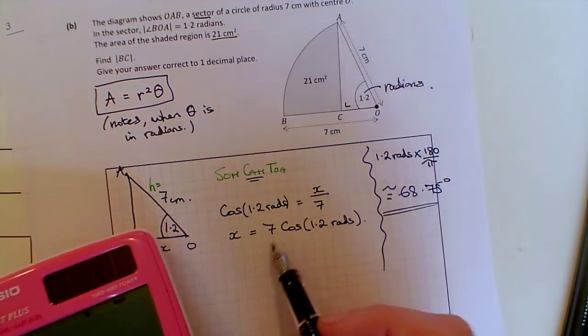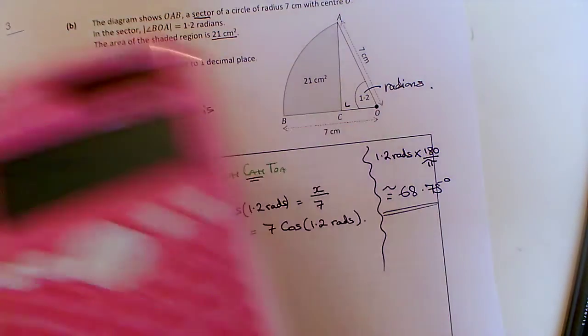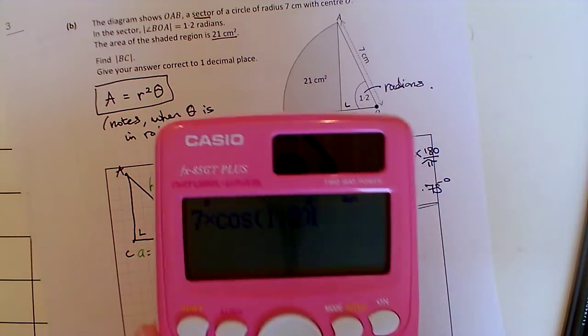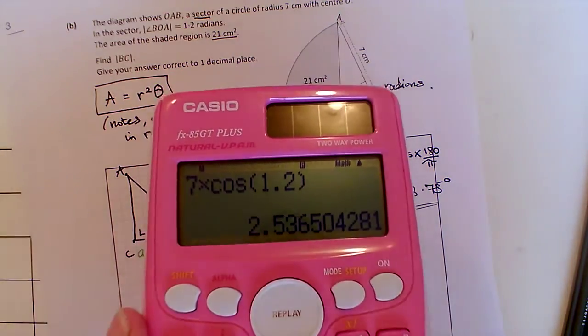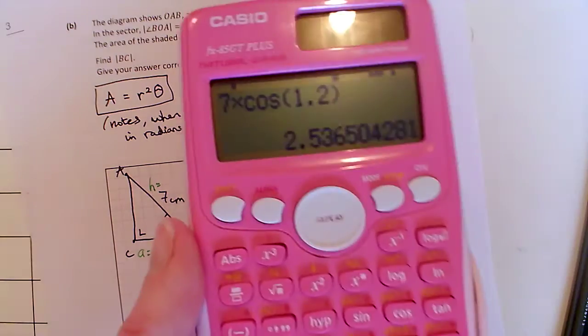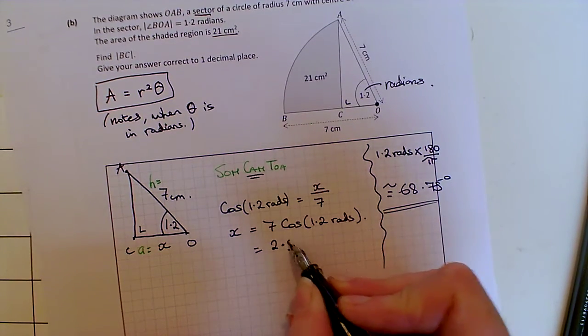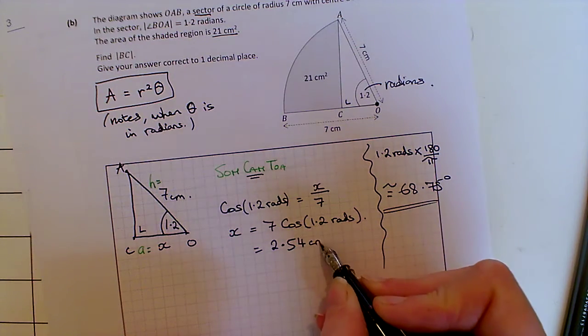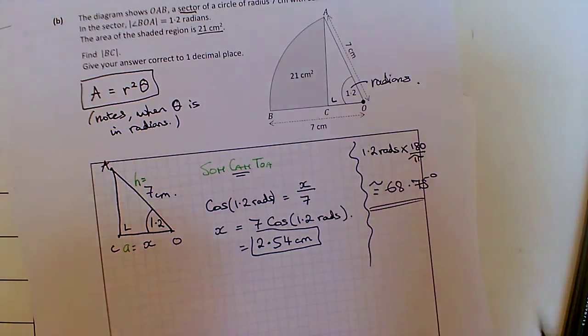So now I can type this into my calculator, 7 by cosine of 1.2, and I will get 2.53. Let's say they said 1 decimal place. We'll go to 2 while we do our calculations. So that is 2.54 centimeters. Okay, let me show you that we'll get the same answer using this.